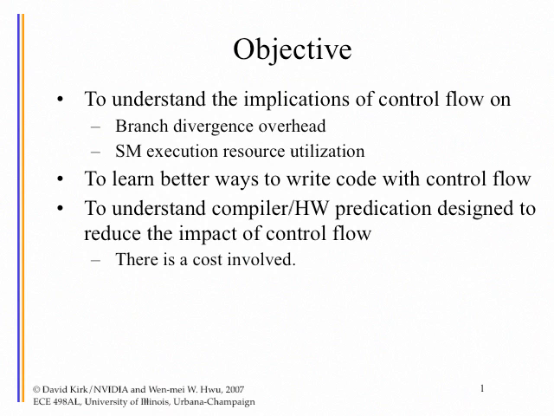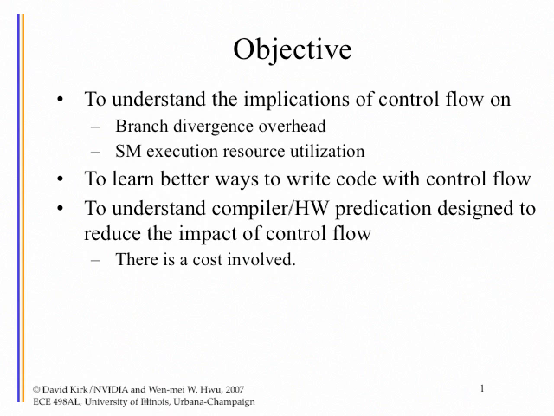That in itself is going to cost you extra cycles. And the other one is streaming multiprocessor execution resource utilization. Oftentimes when you have divergence, you also will have resource utilization problems. On the other hand, you may also have resource utilization problems even if you don't have divergence in some cases.